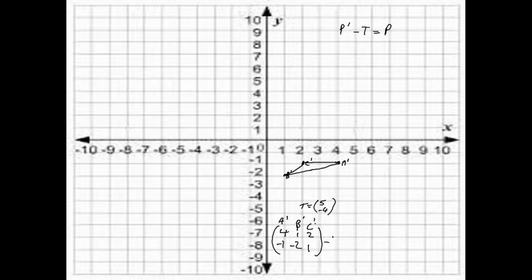Okay, let's see, we should take that away from our transformation matrix, which is equal to 5, minus 4. So that will be our A matrix. Our A matrix will be, row by column, 4 minus 5, right?